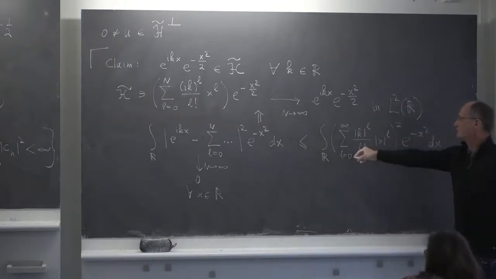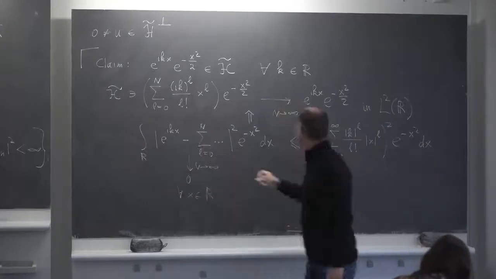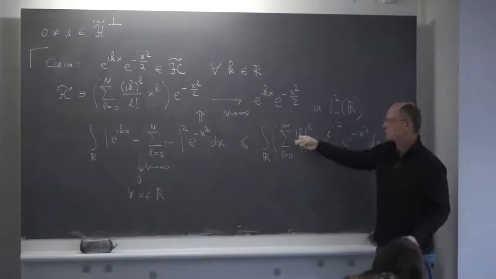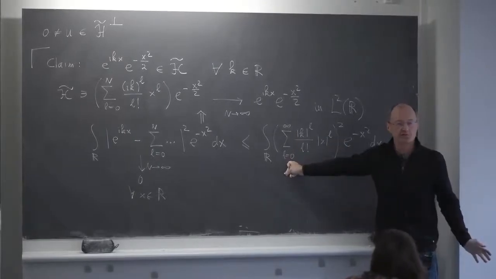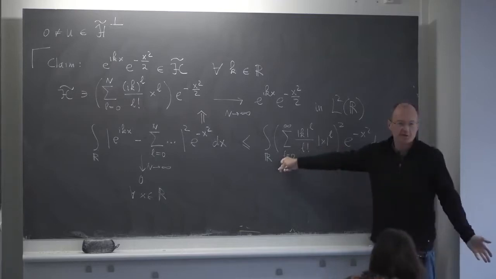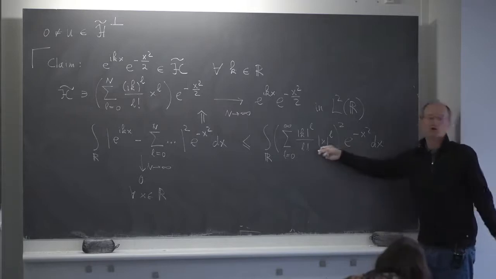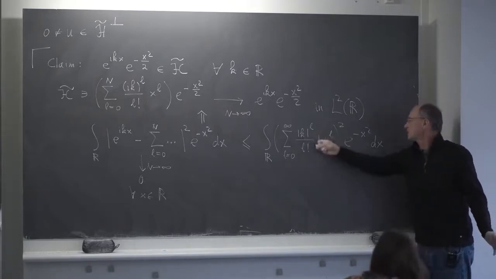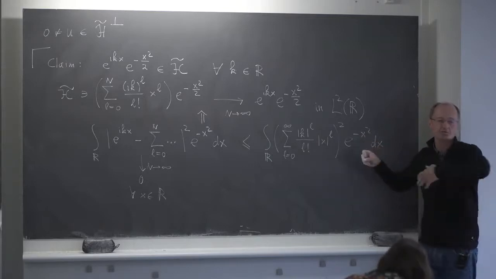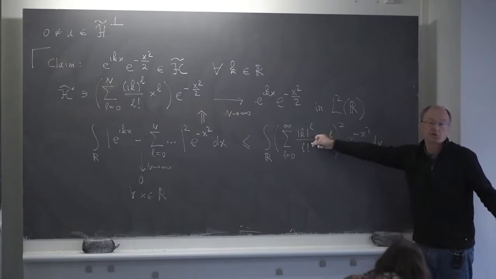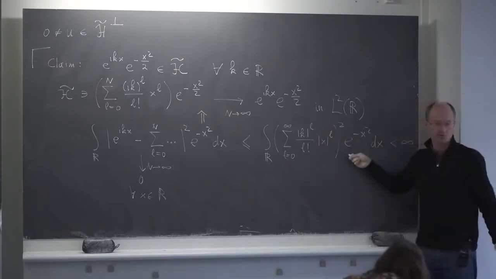You see, I replaced all the terms in the tail of the series by their absolute values, and I even added all the terms starting from 0, so I could only make it bigger. Now, this integral is clearly convergent. This is some kind of exponential function, and exponential minus x squared trumps whatever exponential of a linear function.